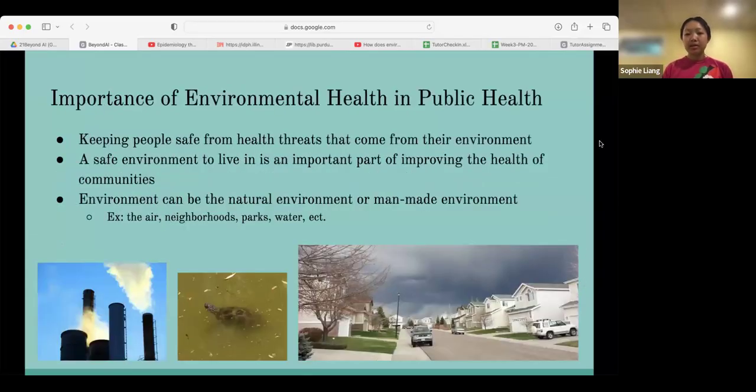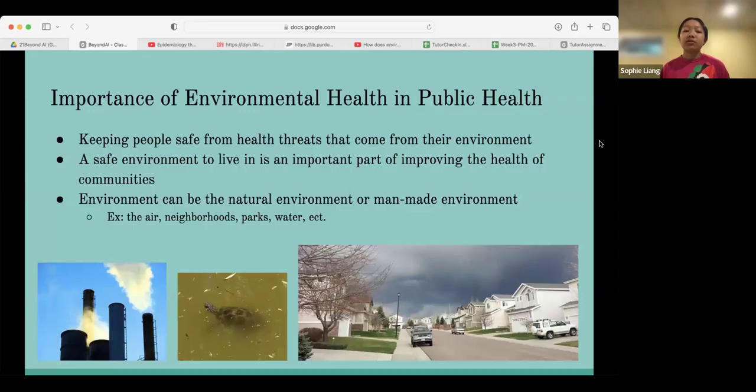Okay, so the importance of environmental health and public health. Environmental health keeps people safe from health threats that come from their environment. And a safe environment to live in is an important part of improving the health of communities.